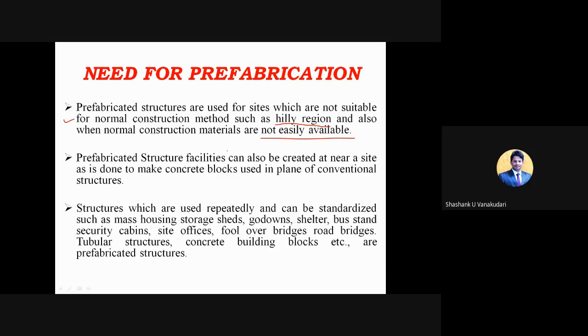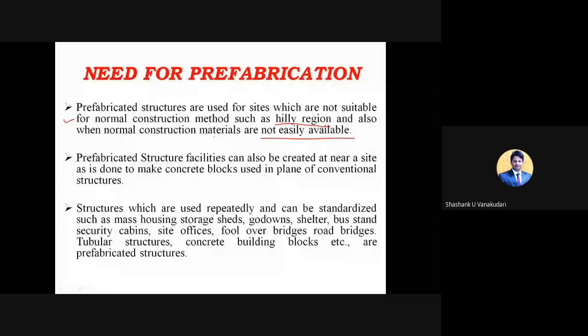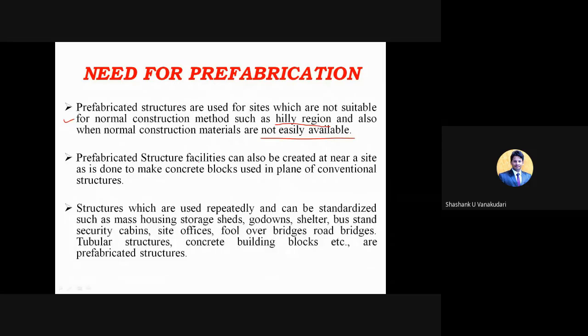So we need to go with prefabrication where the construction materials are not easily available. Okay, and then prefabricated structure facilities can also be created near a site, as is done to make concrete blocks used in the plane of conventional structures.